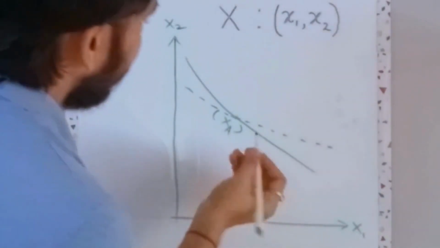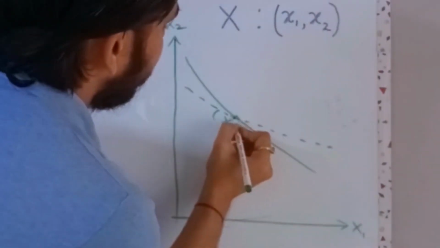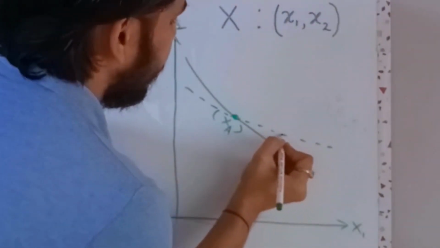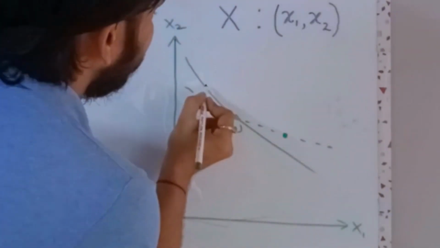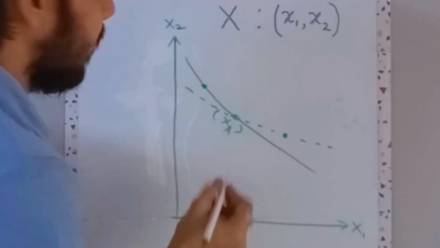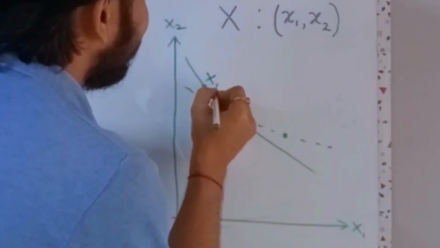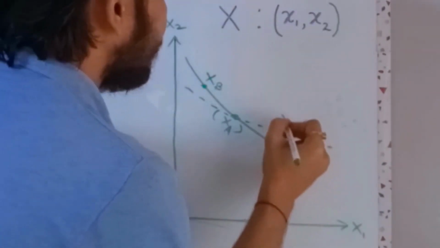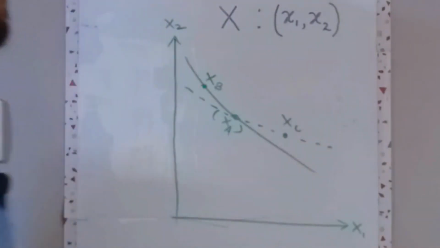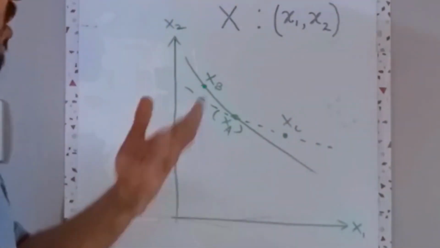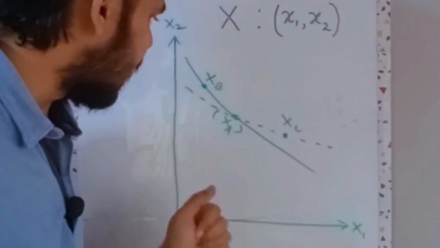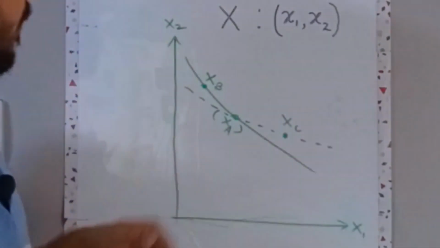This will mean that, let's say you have this as a consumption bundle, this as a consumption bundle, and this as a consumption bundle. So this is your XB and this is your XC. What does this mean? This means that I can draw two indifference curves through this XA bundle.